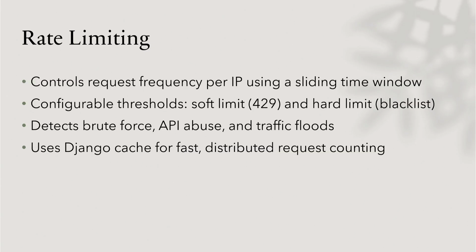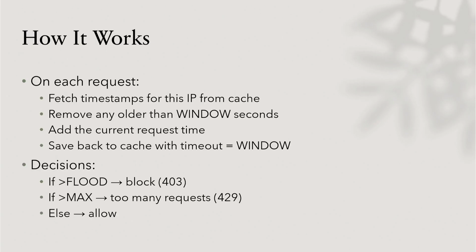You have a soft limit and a hard limit. If there's a flood limit and then a max limit, if you exceed the flood limit, it will raise an error, and if you exceed the max, we'll record your IP and make sure that you cannot get in again.